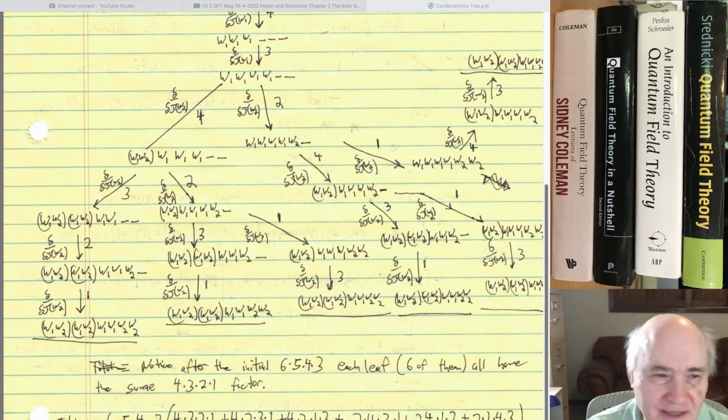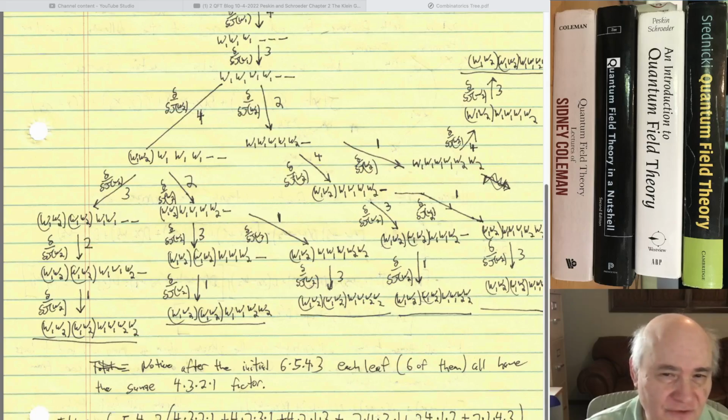So I don't want to go through all of this. I worked it out. You can follow it through. But here's the interesting thing. Anyway, the interesting thing is that all the branches after the 6, 5, 4, 3, there are 6 of them which have leaf nodes at the bottom of the tree.